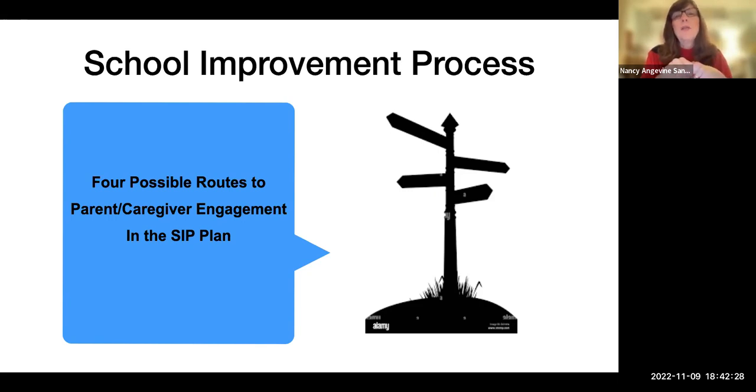As well, information will be sent out to principals about these 4 possible routes so that we're all on the same page in how parent caregiver engagement in this process would look. They will also be getting some strategies and tools to implement whichever route they decide to take.